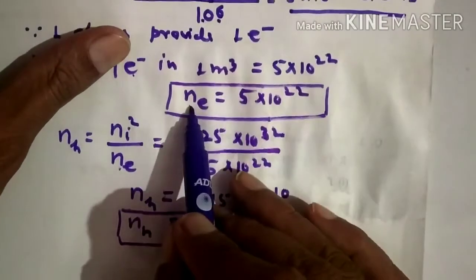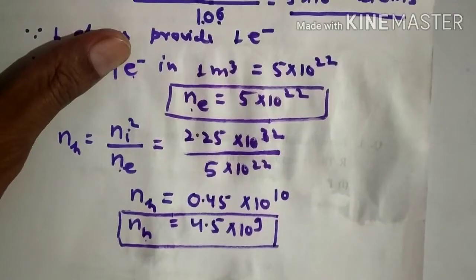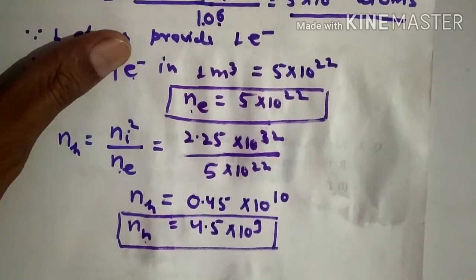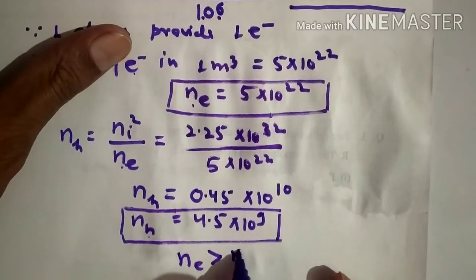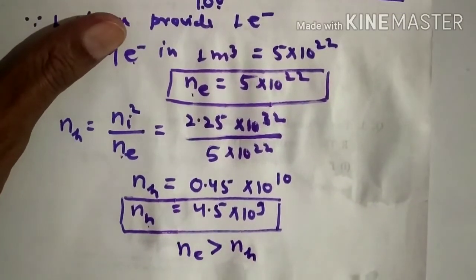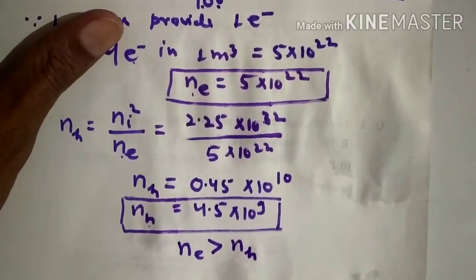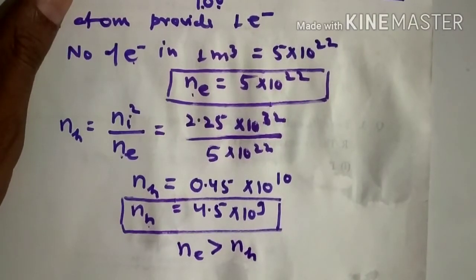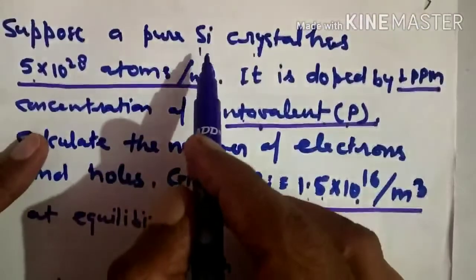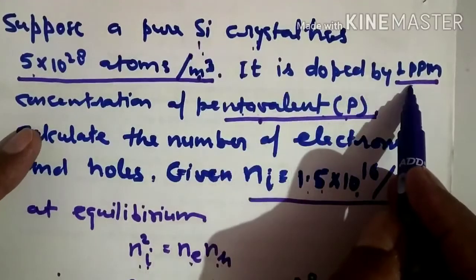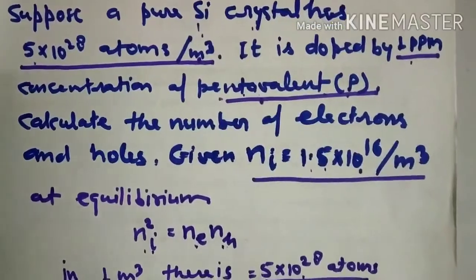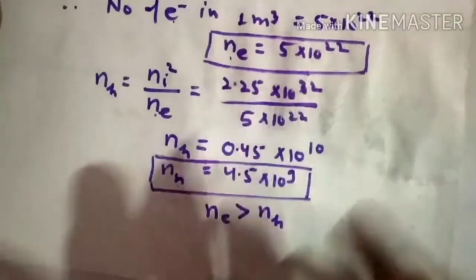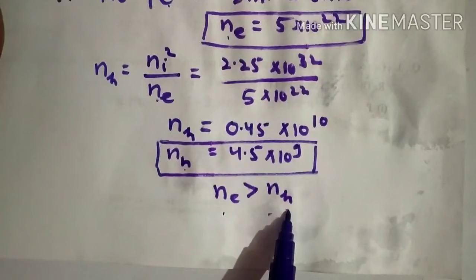Now just to compare the number density of electrons and the number density of holes: the number density of electrons is much larger than the number density of holes. This we had studied when we were studying the N-type semiconductor, that when a pure semiconductor is doped with pentavalent impurity, we obtain an N-type semiconductor, and in it the number density of electrons is greater than the number density of holes.